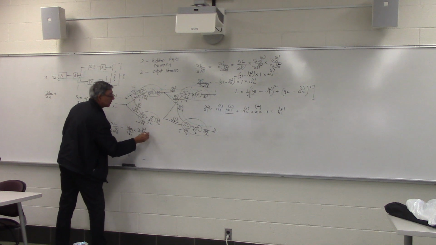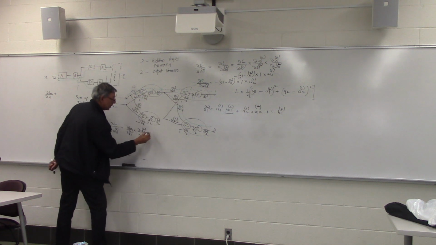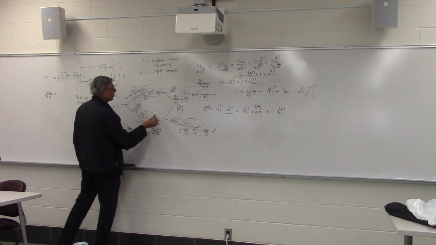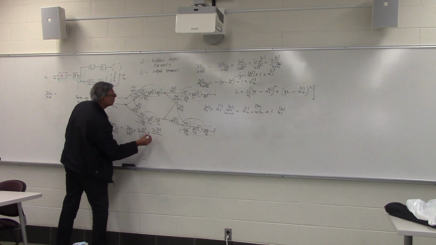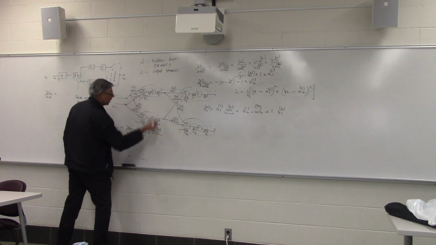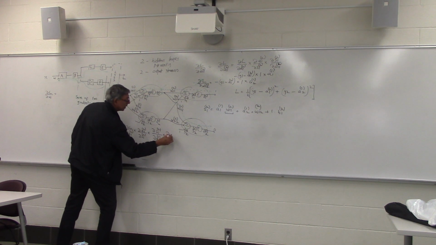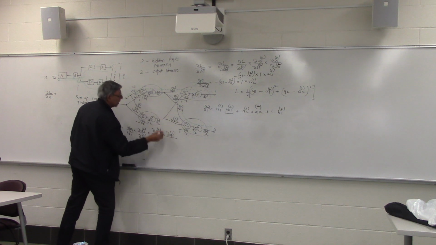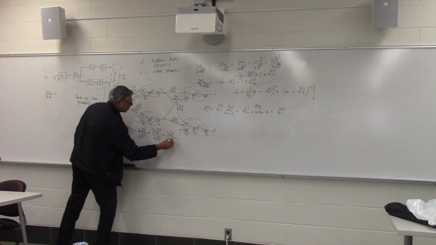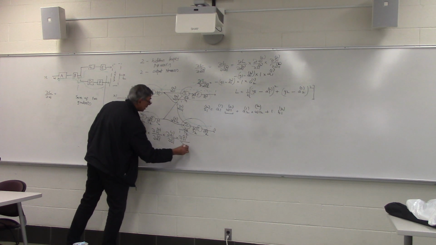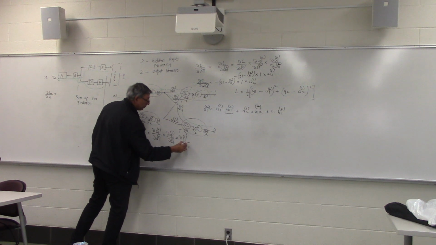So I'm going to the top path now. Partial S1 of 2 over the previous output, A1 of 1, then partial A1 of 1 over partial S1 of 1, and then partial S1 of 1 over partial W1 of 1.